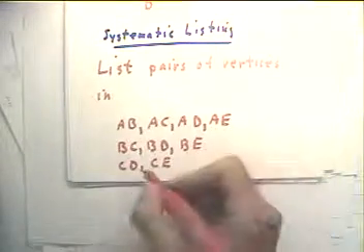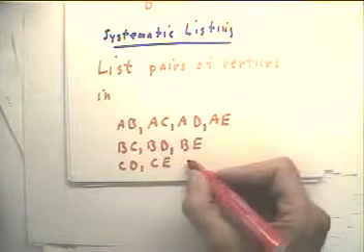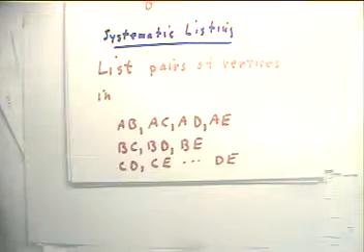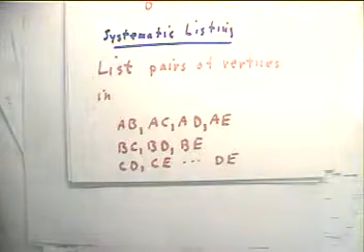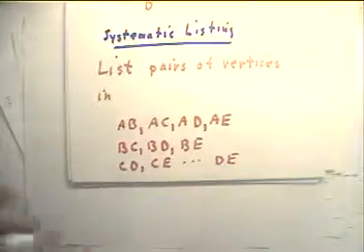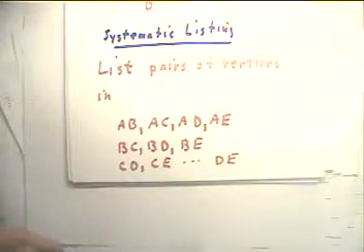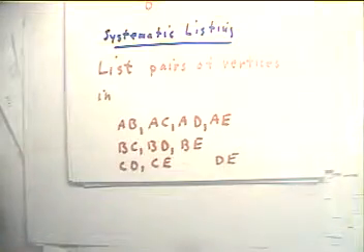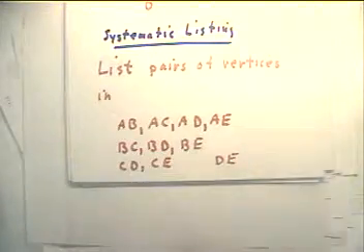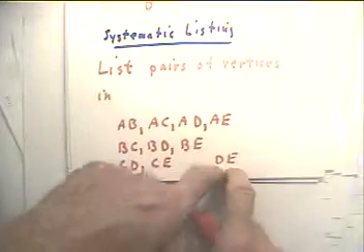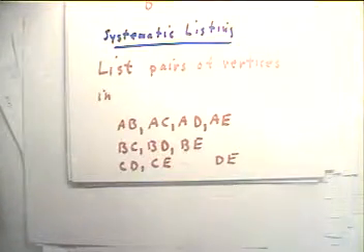And then starting at D, we'll have DE. And I don't actually think that ellipsis is a good idea there, so I'm going to take my white out and get rid of that. We'll leave this gap here to show that this one is listed starting at a different vertex.